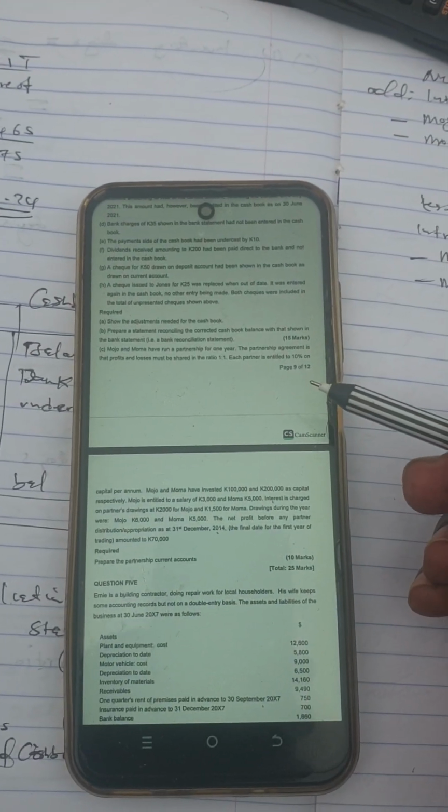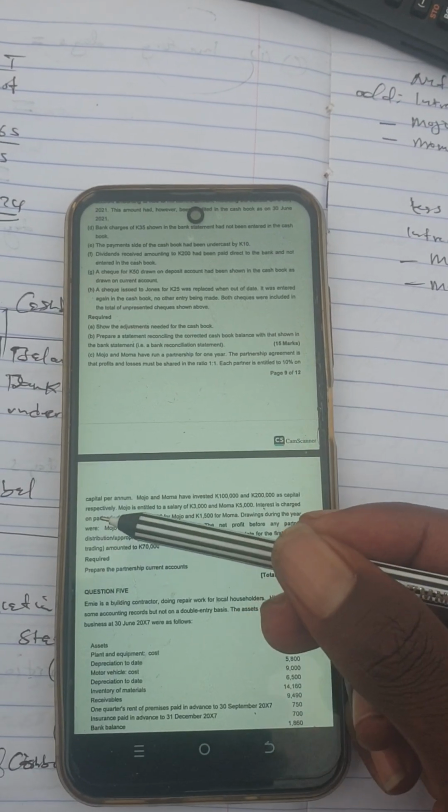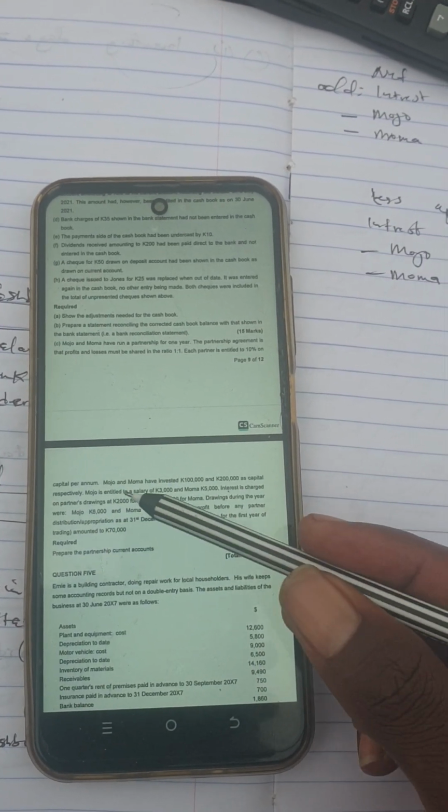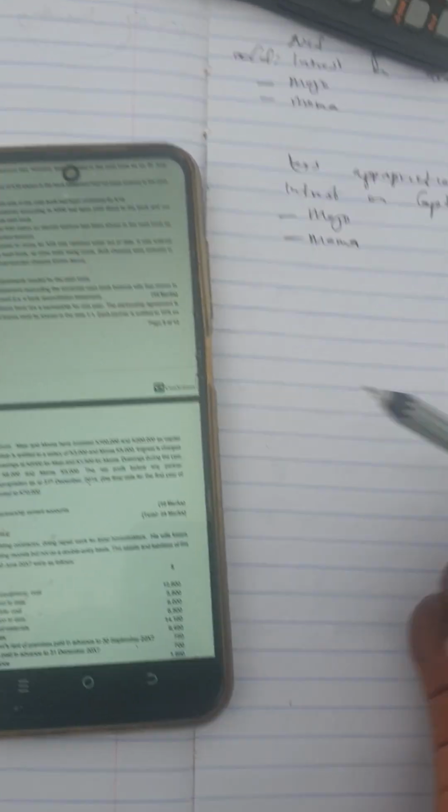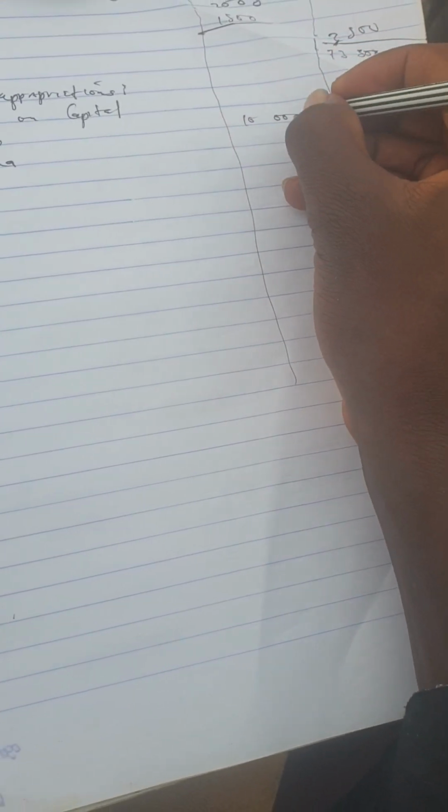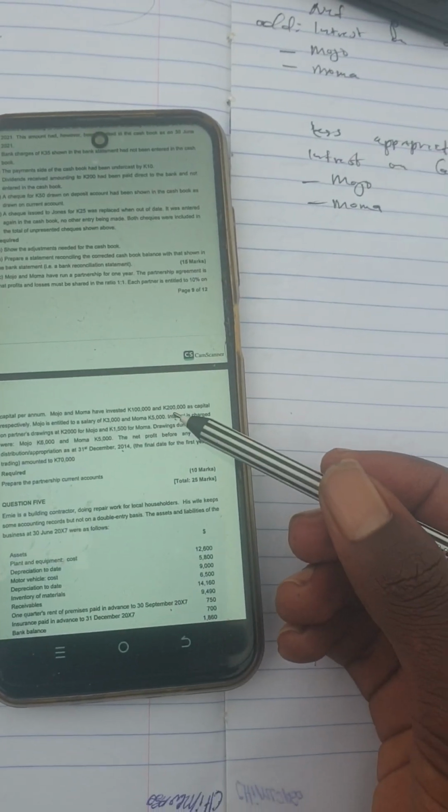The question was saying 10% interest on capital per annum. Since Mojo was 100,000, 10% is going to be 10,000. Then for Moma it was 200,000, so 10% of that is going to be 20,000. When you add that, we're going to have 30,000 here.